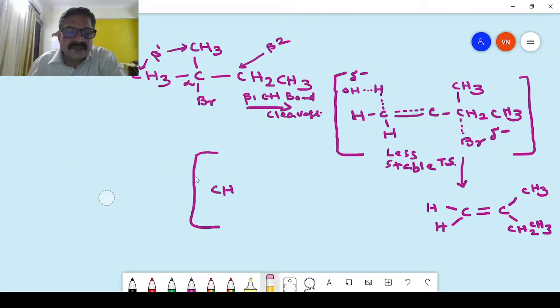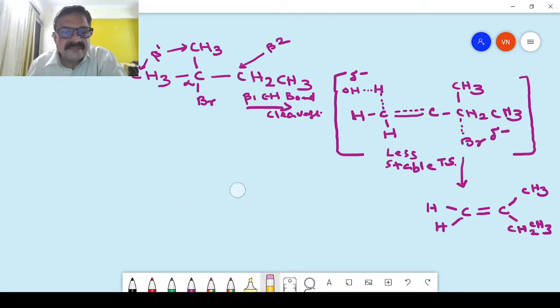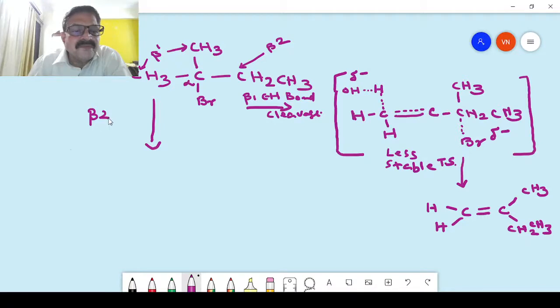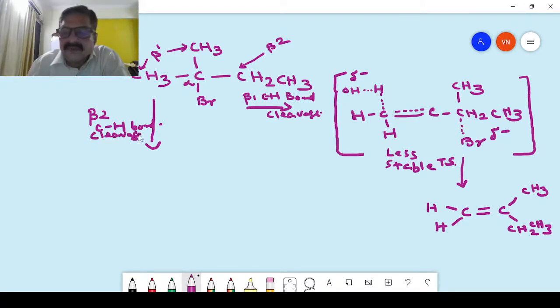So the beta 2 transition state we will just draw this way so that it will be clear. Beta 2 CH bond cleavage. What will be the nature of the transition state here? So CH3, then we have C, Br with a negative charge, correct?